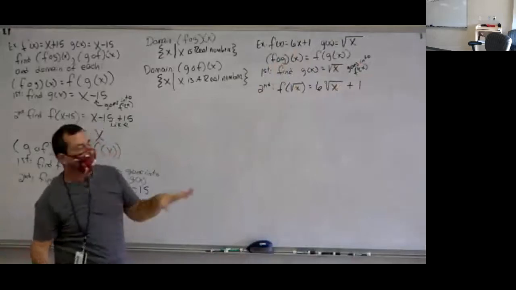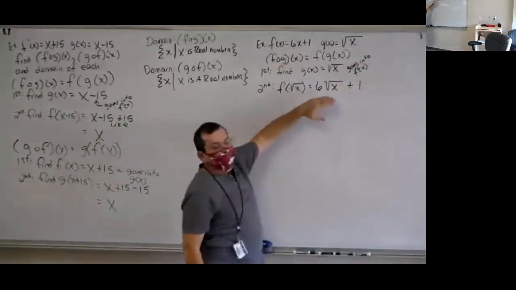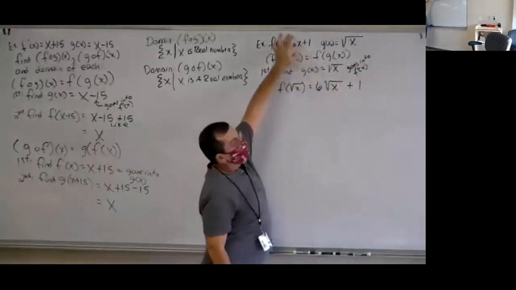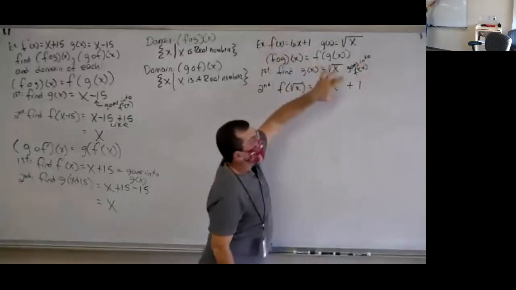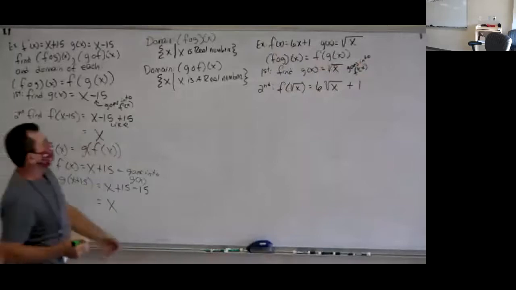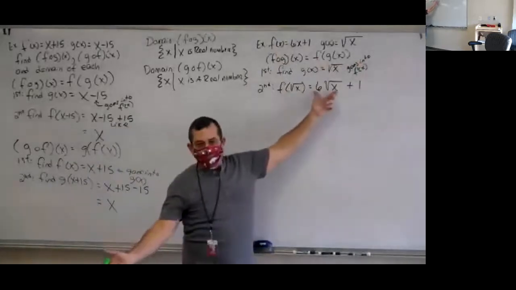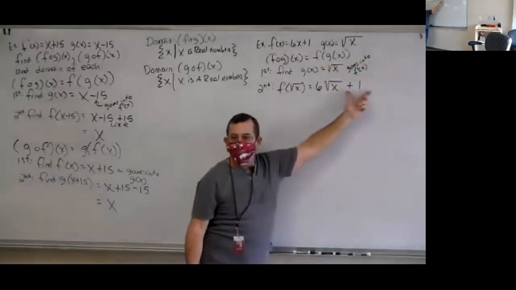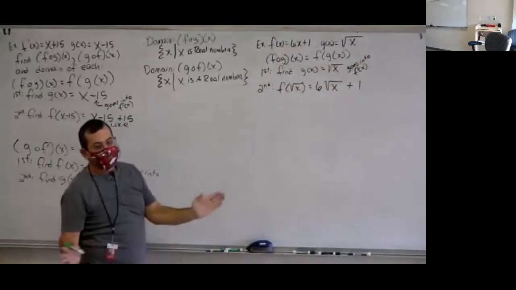And you'll notice that when you do these, the second function always looks like the first function, other than those x's, okay? Hey, can you do anything to that? No. 6 times square root of x is going to be a 6 square root of x, and you cannot add a radical to a whole number, so cannot go no further.